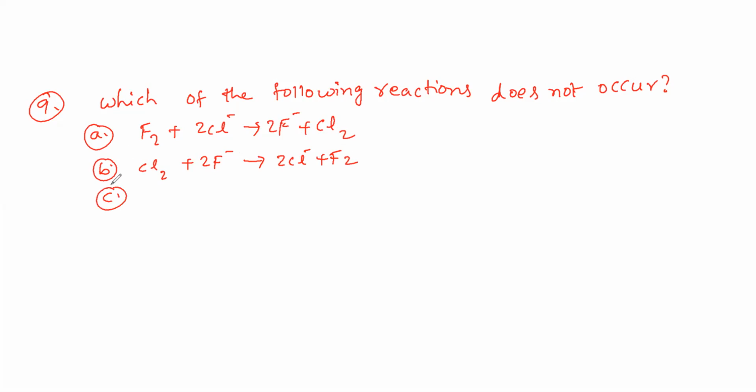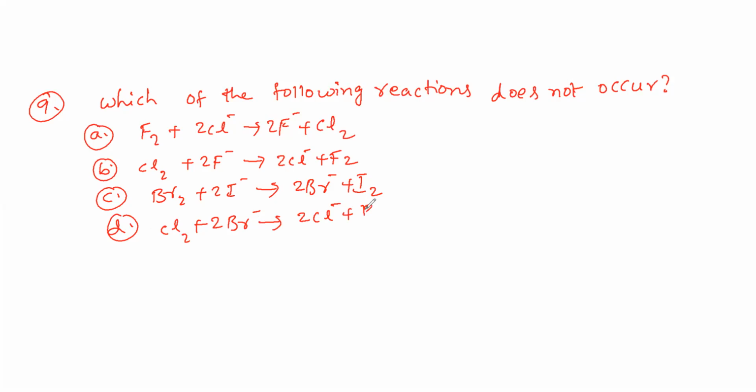Third option, Br2 plus 2I minus gives 2Br minus plus I2. And fourth option, Cl2 plus 2Br minus gives 2Cl minus plus Br2.